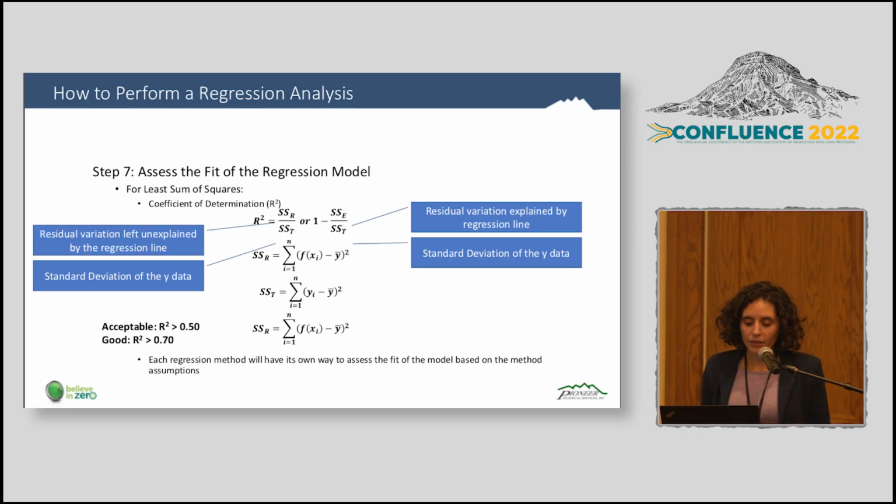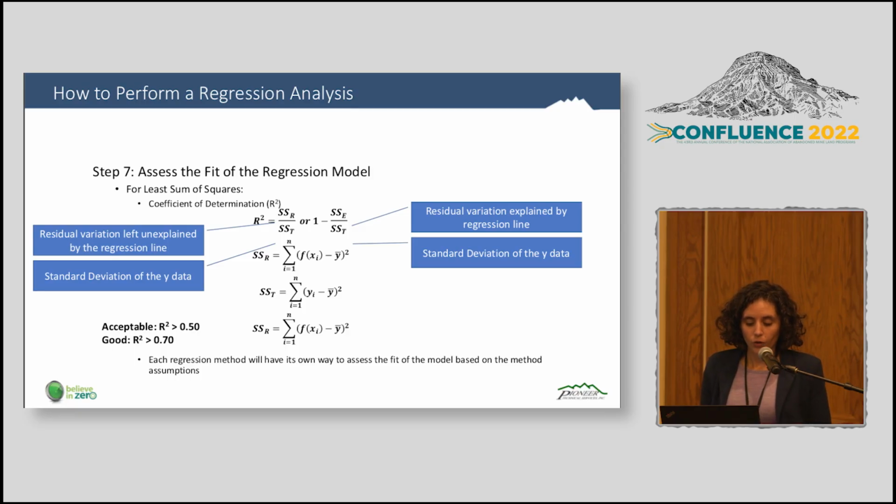So step 7, we're going to assess the fit of the regression model. For the least sum of squares method, this is the coefficient of determination. Now, if you pick a different regression method, like Passing-Bablok or Deming regression, they have their own methods for assessing the fit of the model. So R squared isn't going to be applicable to those other methods.